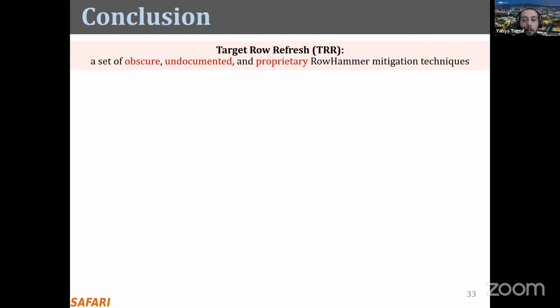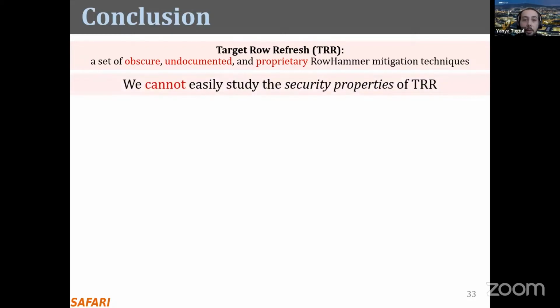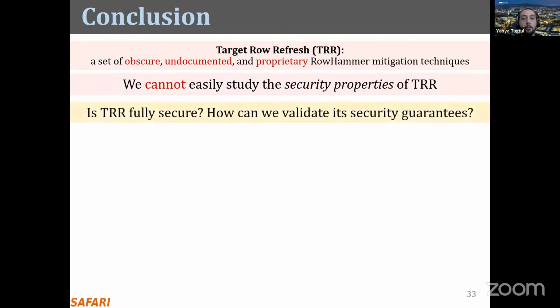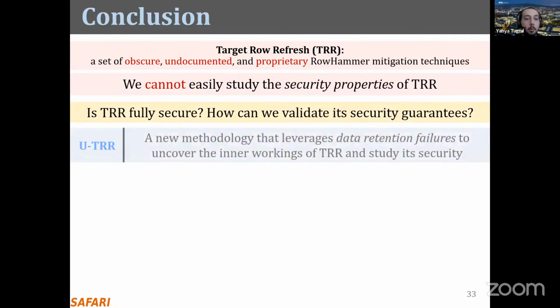And due to their proprietary nature, the security guarantees of these TRR mechanisms cannot be easily studied. In this work, we tried to answer these questions: Is TRR fully secure? How can we validate these security guarantees? For this purpose, we proposed U-TRR, a new methodology that leverages state retention failures to uncover the inner workings of TRR and study its security.